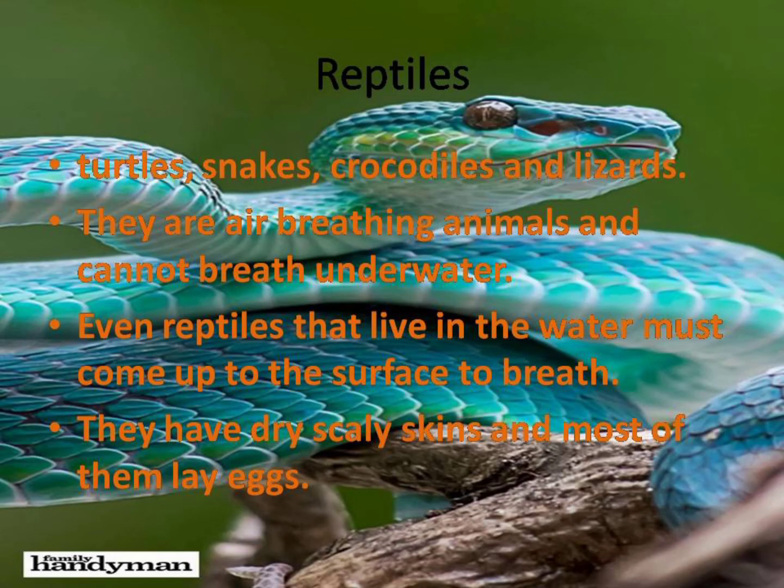Reptiles, you might know, are turtles, snakes, crocodiles, and lizards. Unlike fish and amphibians, reptiles are air-breathing animals and cannot breathe underwater. Even reptiles that live in the water must come to the surface to breathe. They have dry, scaly skin and most of them lay eggs.